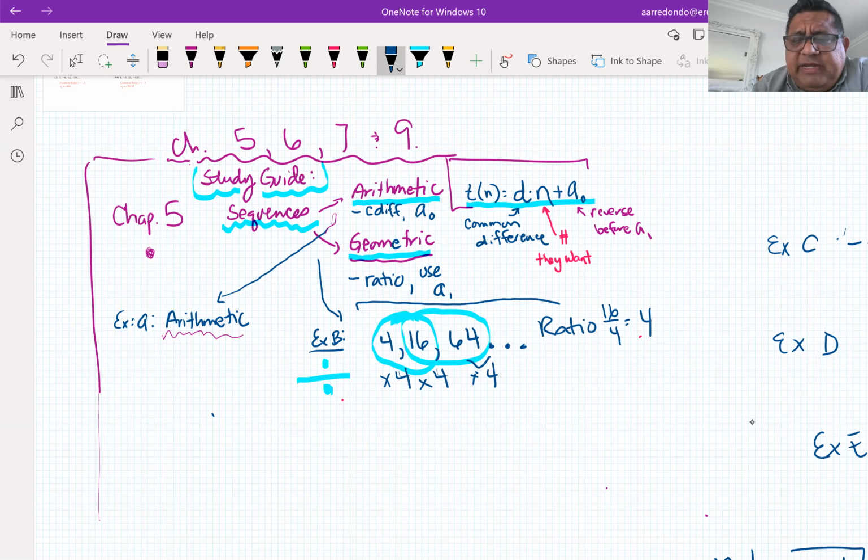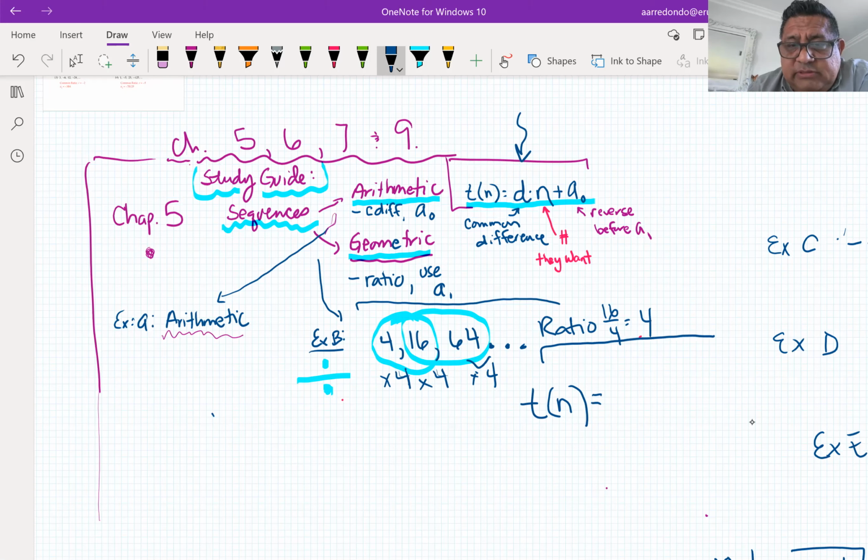But what do I need for its own formula? Here was the formula for arithmetic. What's the formula for geometric? Well, here it is. This time it's T of n equals, we just grab the a sub 1. So we'll look at this 4.